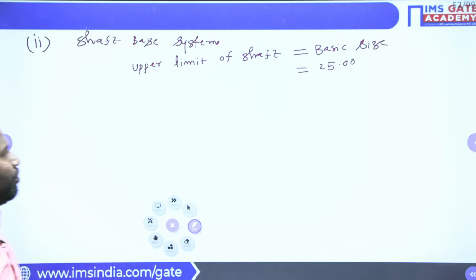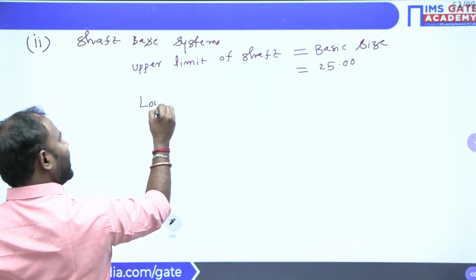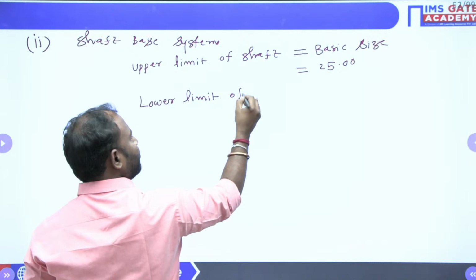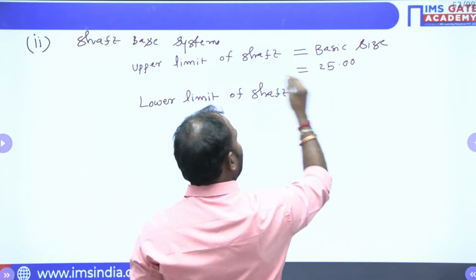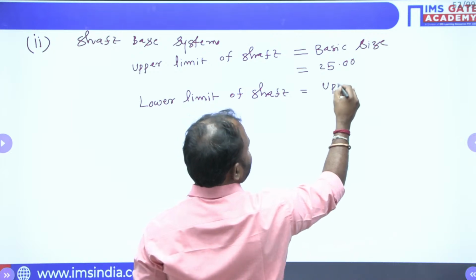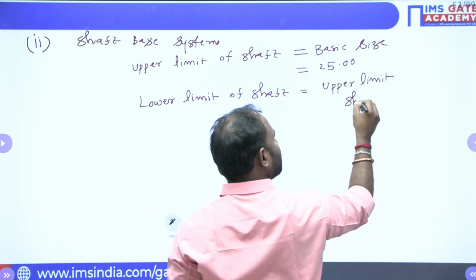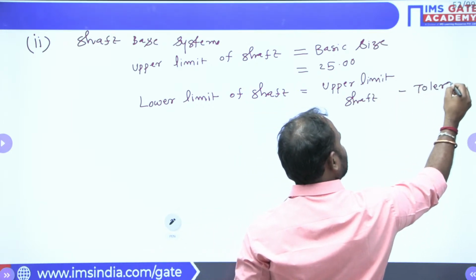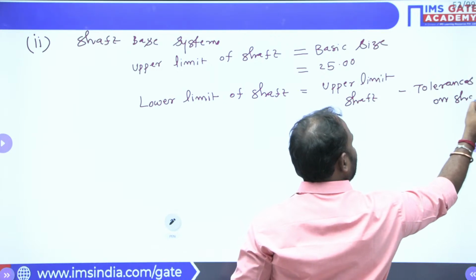Okay. Now let us go for calculating the lower limit of the shaft. Lower limit of shaft is equal to upper limit of the shaft minus tolerance on shaft.